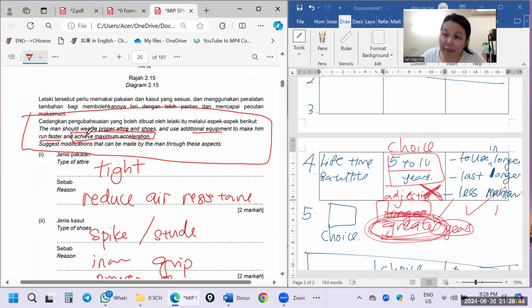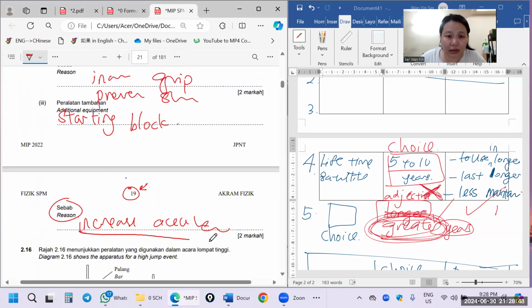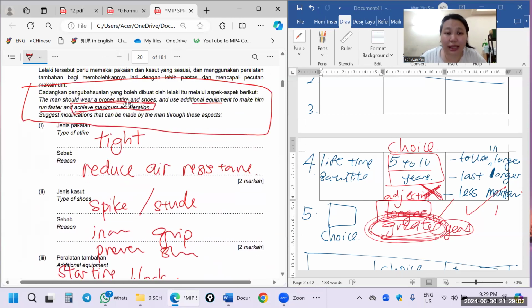Okay, see maximum acceleration, increase acceleration. Can or not? Cannot. So what can you do? You can say increase velocity. Understand? Since they mention acceleration, we don't use back acceleration.